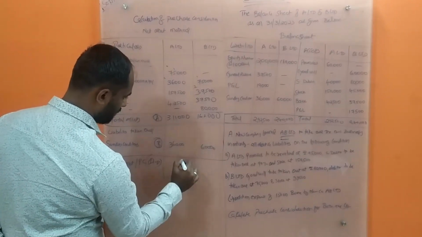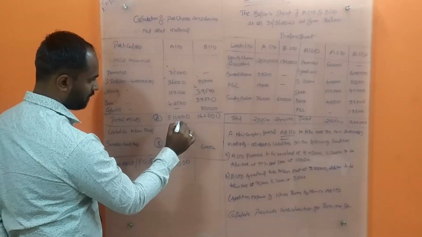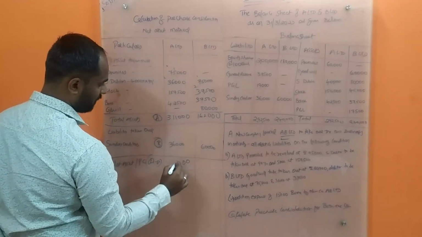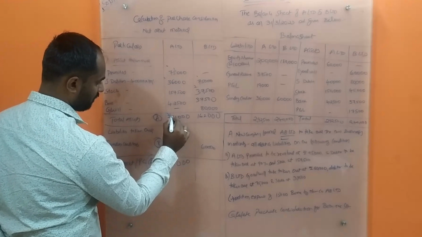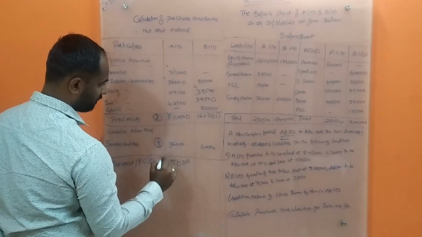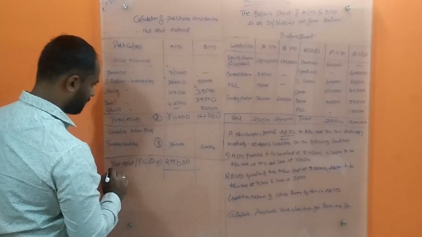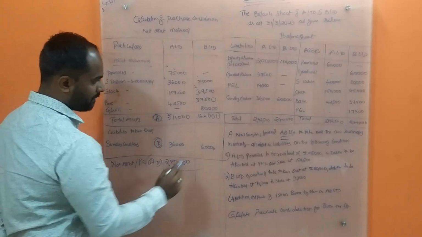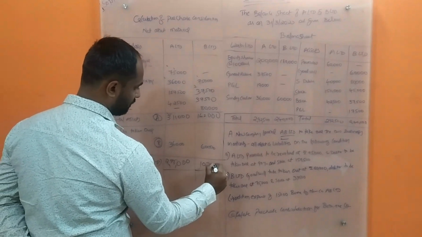All zeros reduced. 311, 10, 5. 10 minus 3, 7, 2. So 2,75,000 is the purchase consideration for A Limited. So 60,000 directly you can reduce. 1,62,000 minus 60,000, 1,02,000.